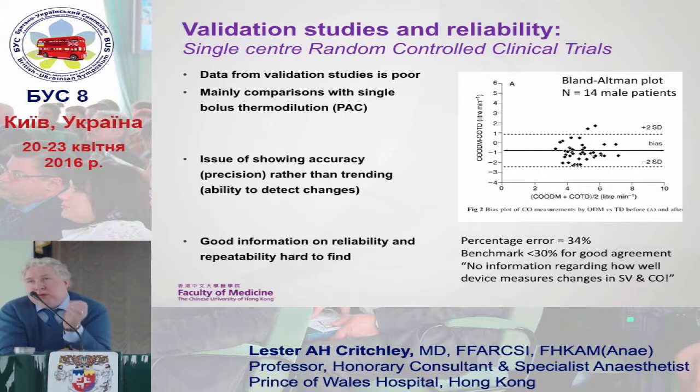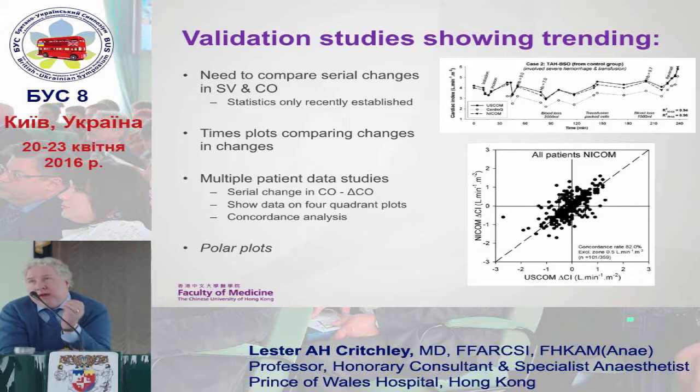The big problem with the Bland-Altman plot is it only looks at how accurate the measurements are on a one-off measurement.